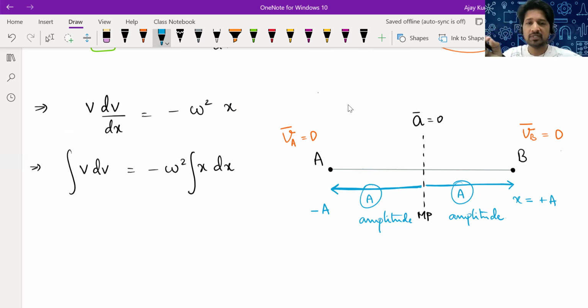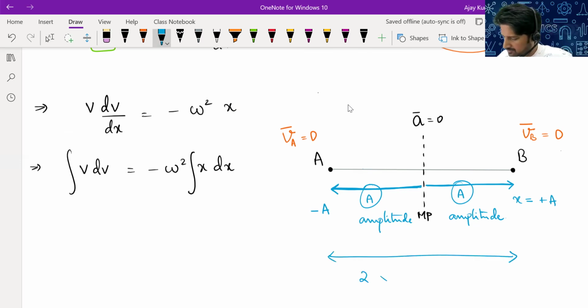That maximum distance to which it goes away from the mean position is called the amplitude of oscillation. So from mean position to positive extreme, the distance is amplitude. From mean position to negative extreme also, the distance is called amplitude. So total distance between the extremes becomes 2 times the amplitude. Let us denote amplitude by the symbol capital A. So the displacement at negative extreme will be minus capital A. Displacement at positive extreme will be plus capital A.